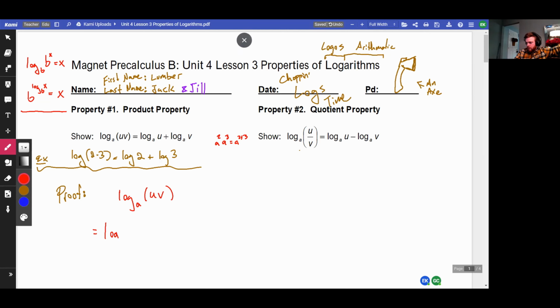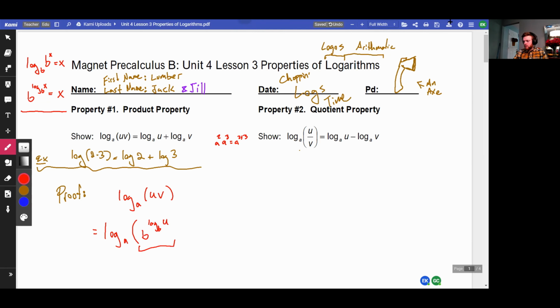So log a of b to the log base b of u. And that might help us more actually, because we can use the exponent properties that we're familiar with. We don't have log properties yet, so we can't use those.